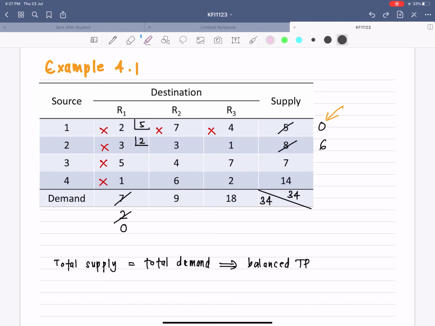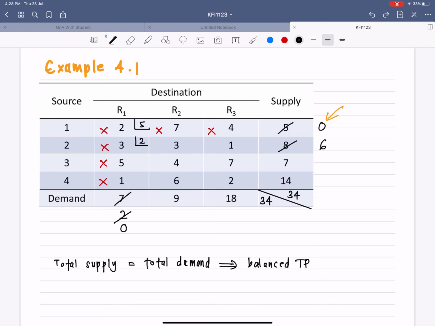Remember, we are considering this cell, and the value for the demand is 9, and the value for the supply is 6. So 6 is less than 9, so we have to consider 6.